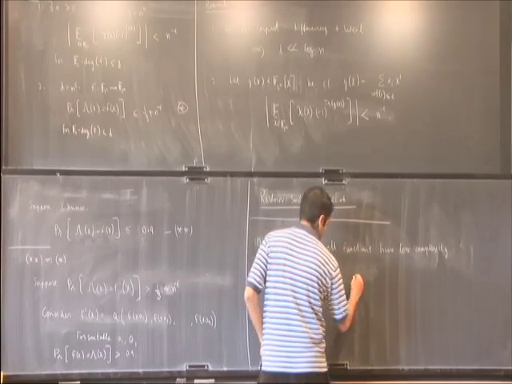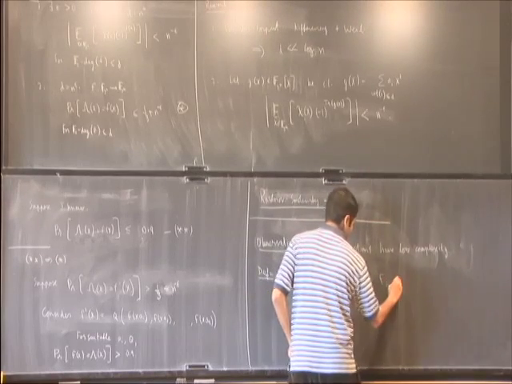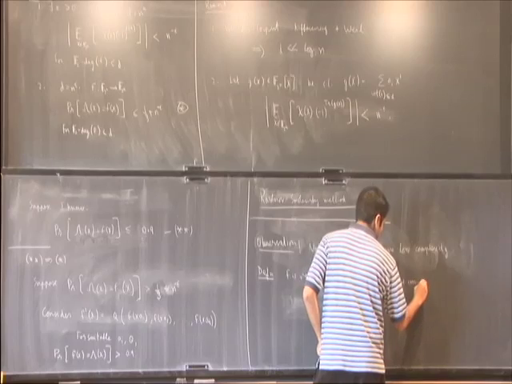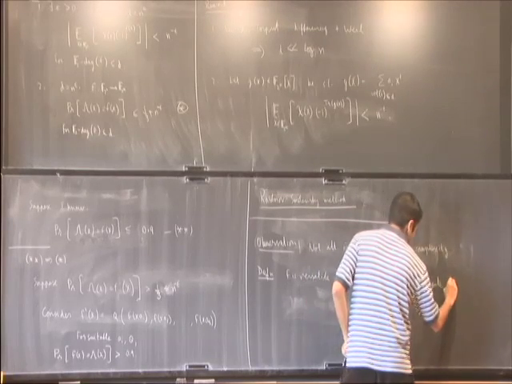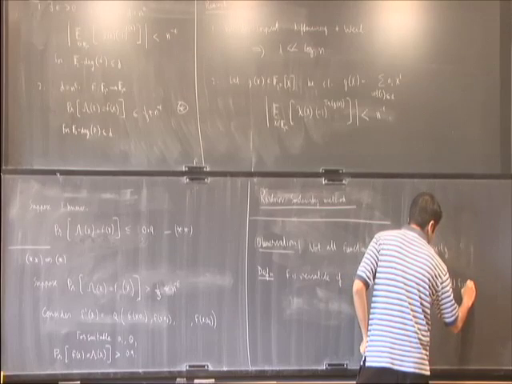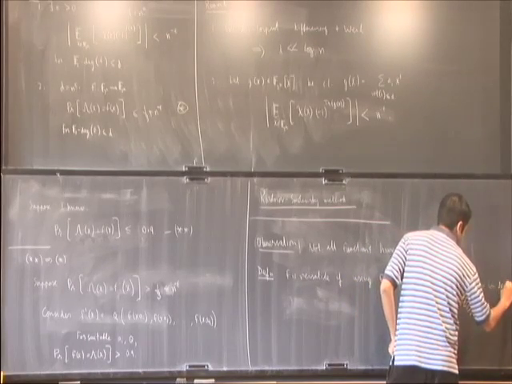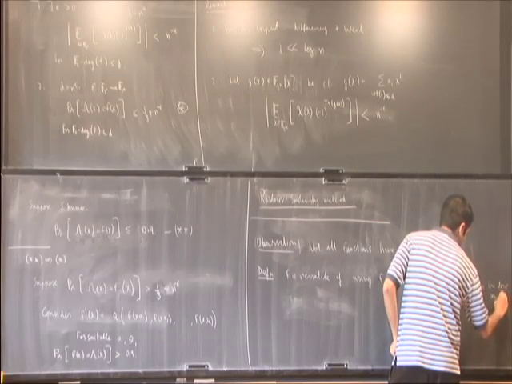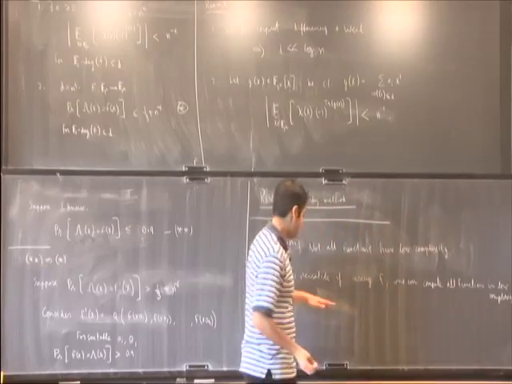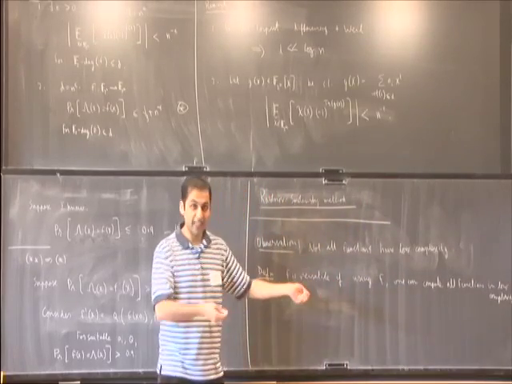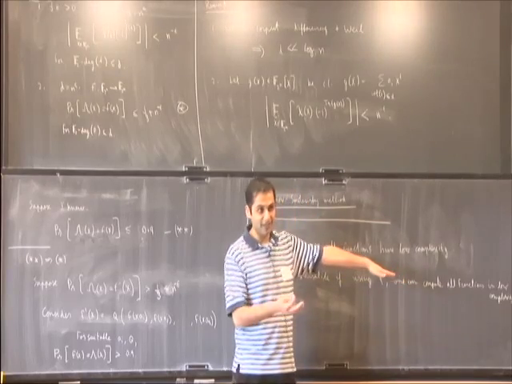So f is versatile if, using f, one can compute all functions in low complexity. For example, suppose I allowed you to get the value of f for free, and having done that, you can now compute all other functions with low complexity.